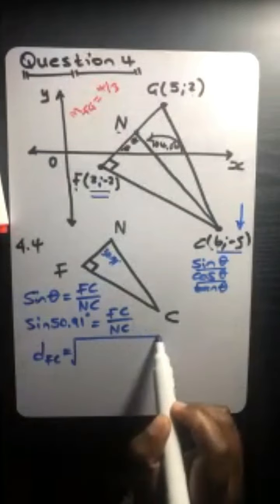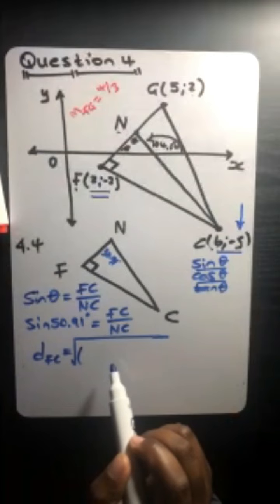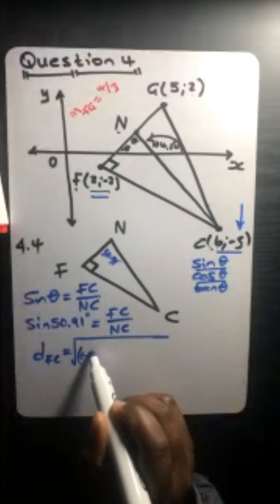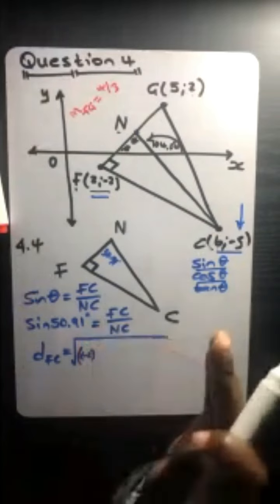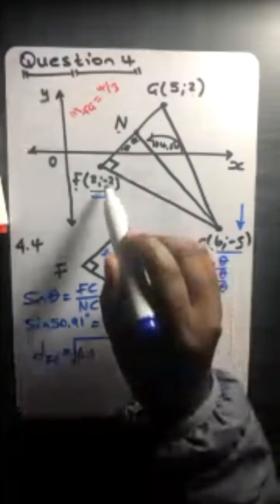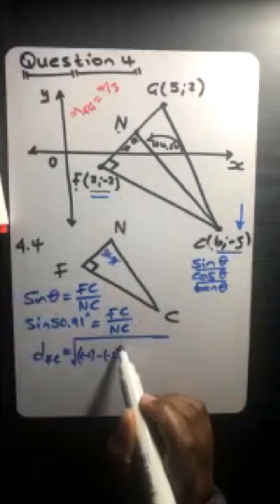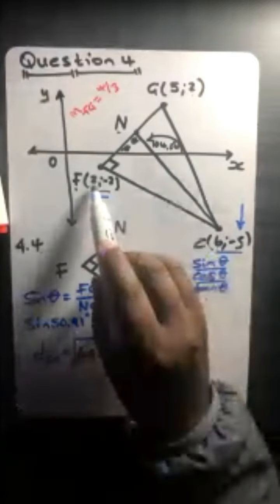So let's substitute, guys. We now have, what is y2? I'm not going to write the formula, but we know y2. Maybe let's assume it to be, let's say, negative 2. It doesn't matter whether you start with y2 minus y1 or x2 minus x1. So there we've got negative 2 minus negative 5. Then you close, you square, plus the x values there.